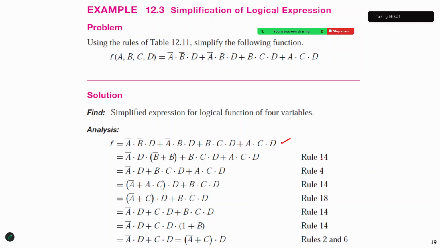If we use rule number 14, here we have B inverse and B, and the common factor is A inverse and D. So we move A inverse and D out of the bracket like this. These two terms can be represented with this term using rule 14.